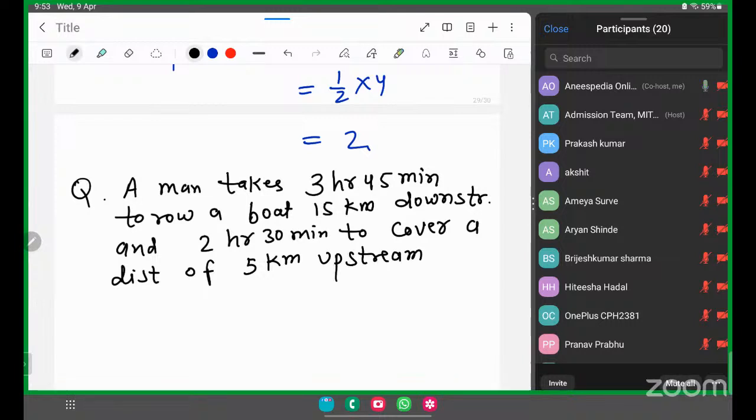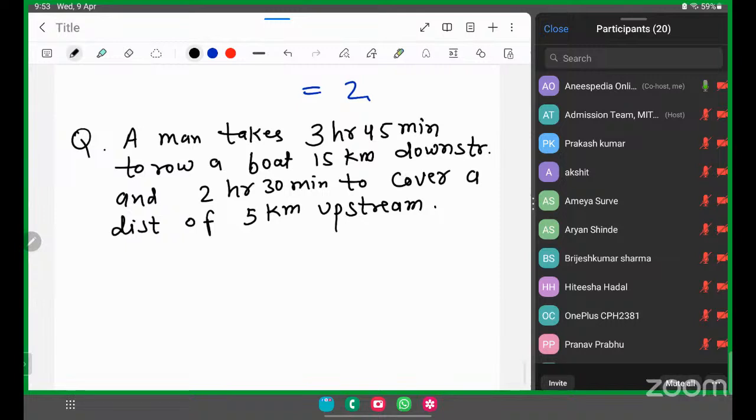To cover a distance of 5 kilometers upstream, find the speed of river, or find the current in river. इस तरीके का क्वेश्चन भी आ सकता है.